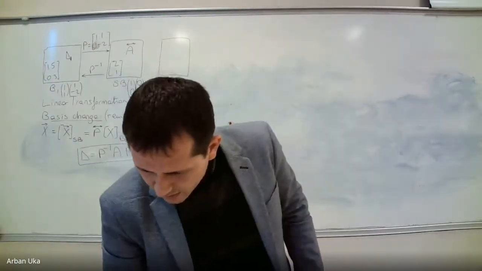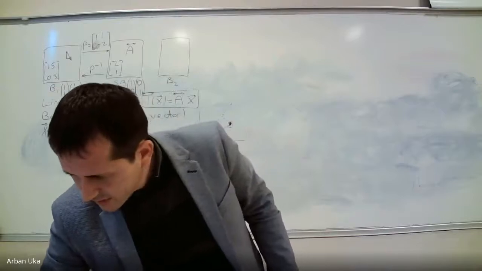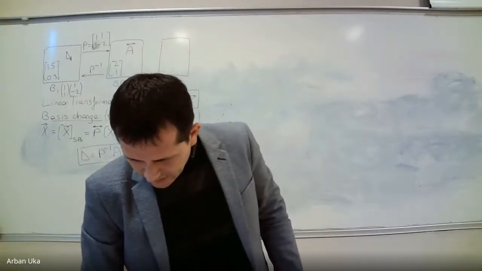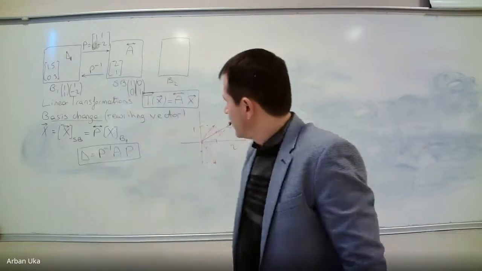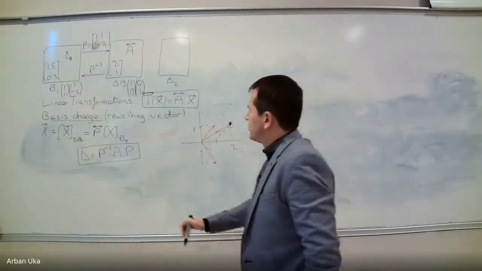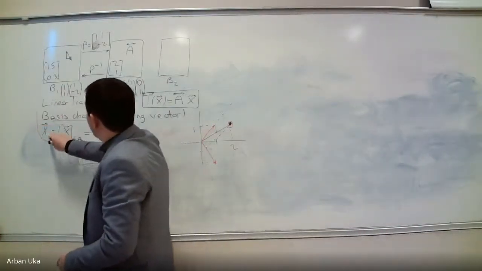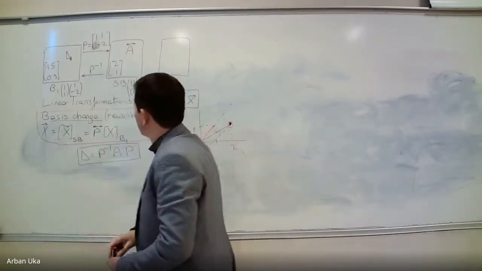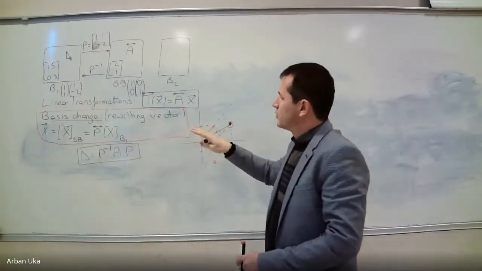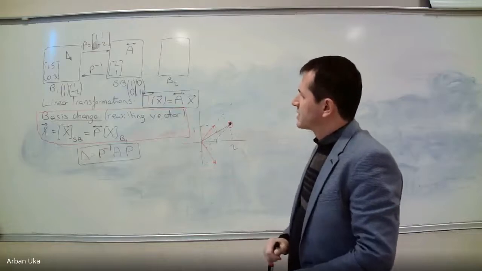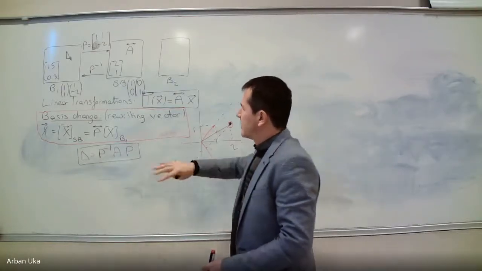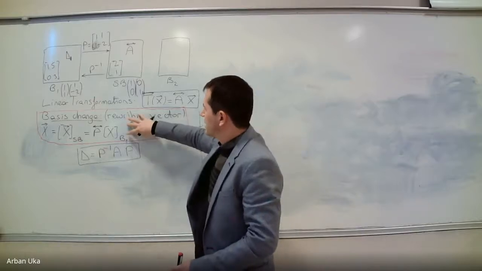We want to change how a vector looks from one domain to another. We looked at these examples and solved examples last week, and we are going to solve one example today to remind you of this aspect.